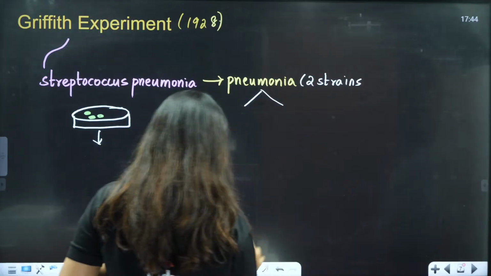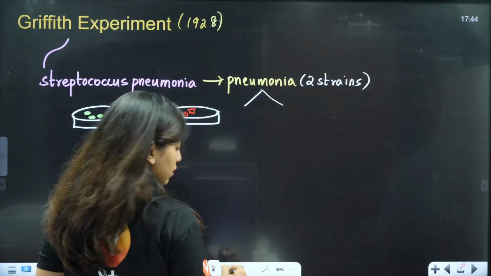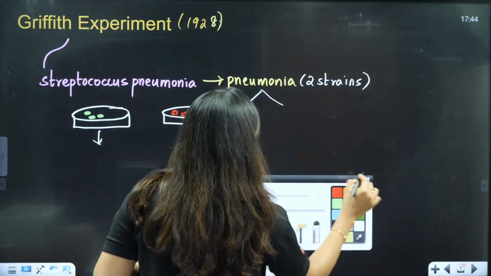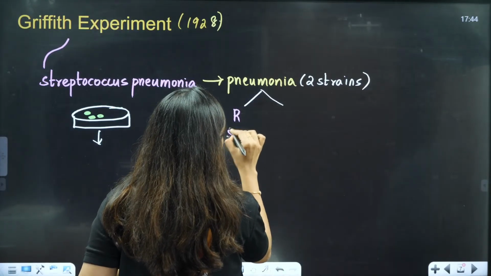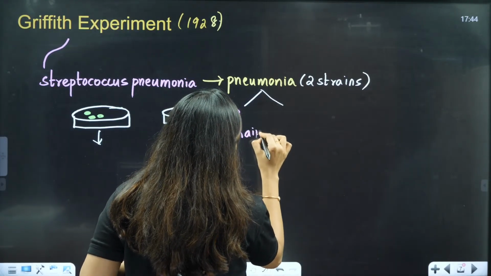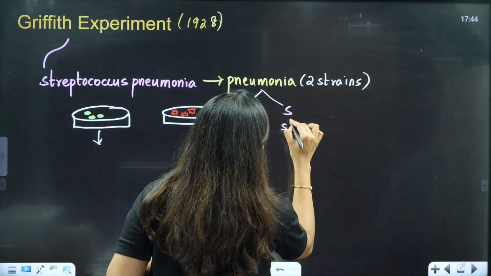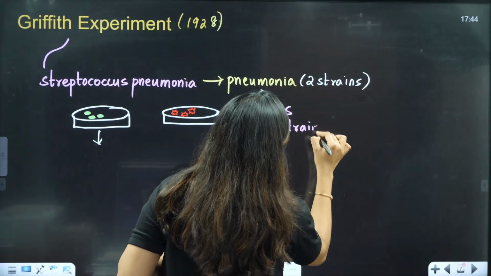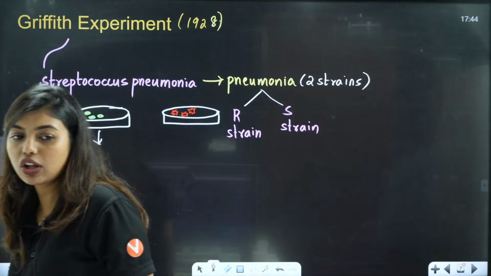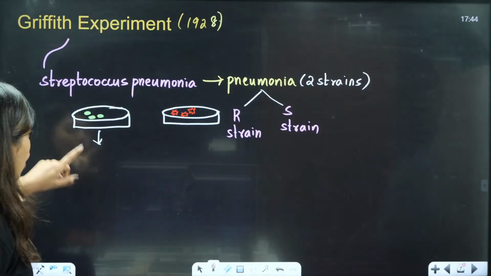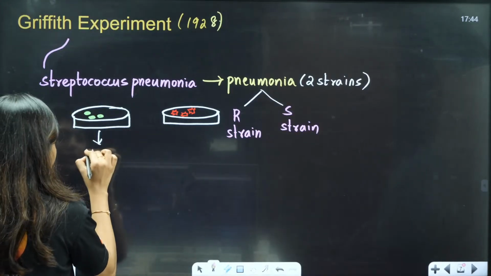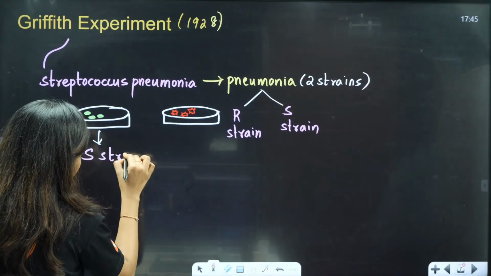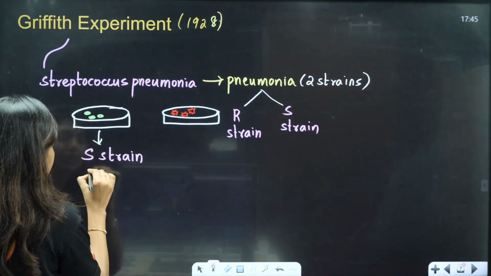What was the strain? One was called the R strain, one was called the S strain. Okay, so R strain and S strain. What is the full form of S, students?